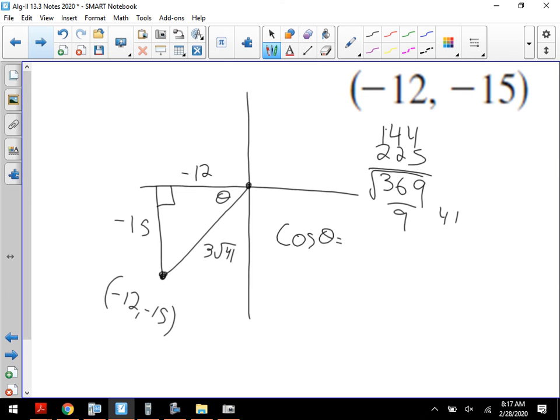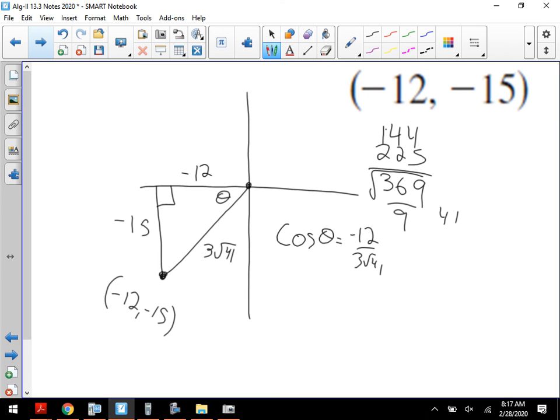Cosine. Now, with this style here, we will have to rationalize a bunch. So I'll leave you guys to rationalize. I'm just going to write them through. Cosine, negative 12 over 3 root 41. That one would simplify, wouldn't it? What do you get? Negative 4 over root 41. Could you rationalize that in your head?